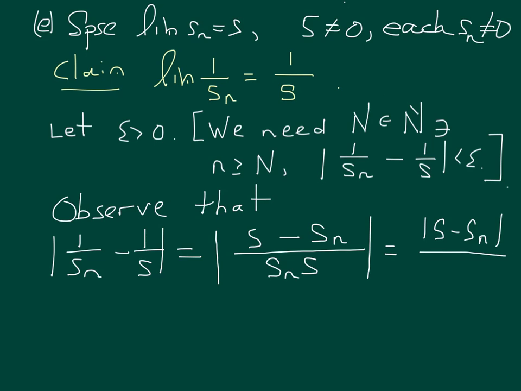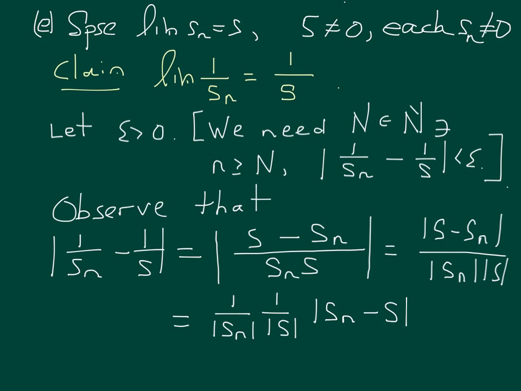So that's the absolute value of S minus S sub n times the absolute value of S sub n times the absolute value of S. And I'll just rewrite that one more time as 1 over the absolute value of S sub n times 1 over the absolute value of S times the distance from S to S sub n, which is the same as the distance from S sub n to S, so I'm just going to write it like that.